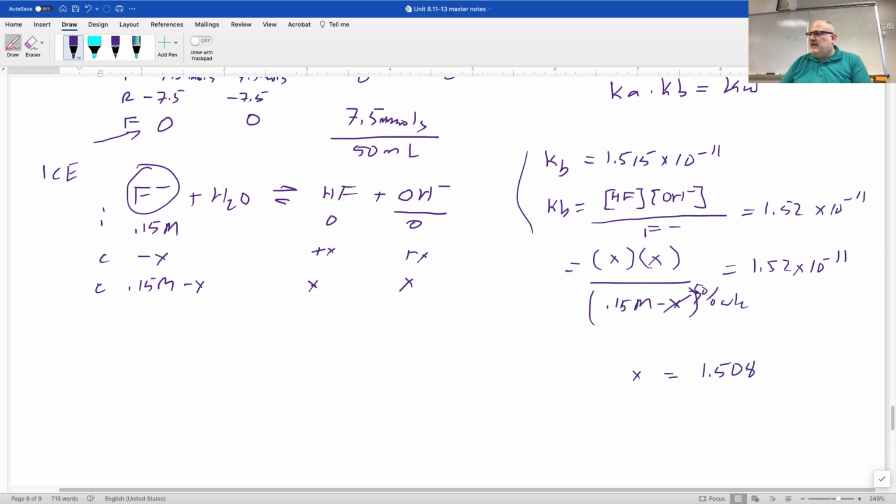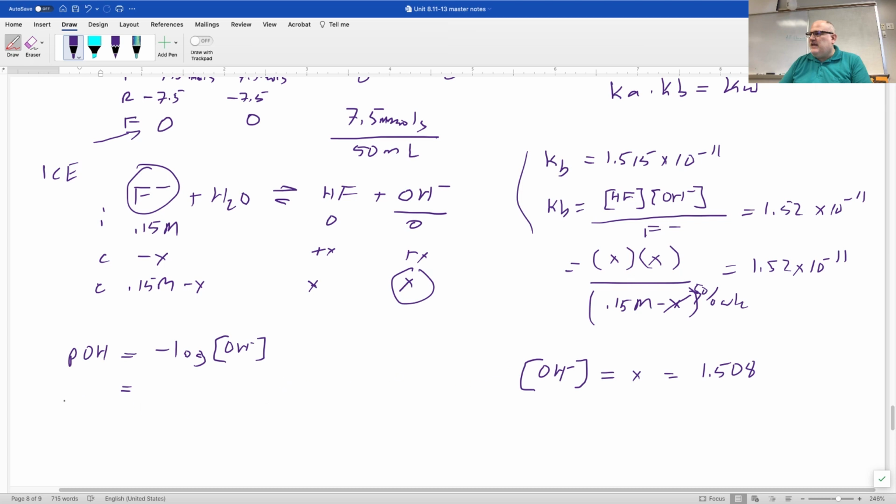When we do that and we solve for x, our new x value ends up being 1.508 times 10 to the negative 6. What's important to remember is that this x is equal to my OH minus concentration, and remember, we're trying to figure out our pOH. You can do this one of two ways. You can get the pOH by taking the negative log of your OH minus concentration, and that's what I'm going to do. Or you could take your OH minus concentration and divide it into our 1.0 times 10 to the negative 14.